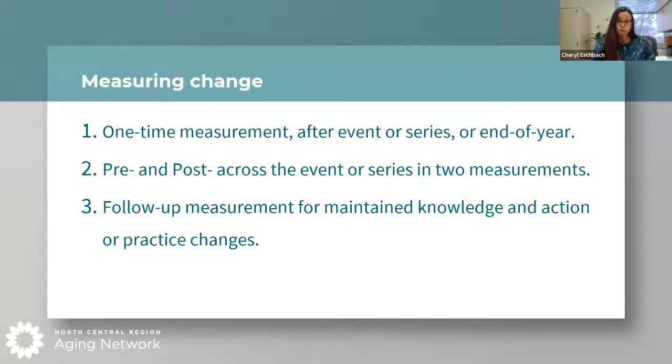This includes 2 measurements taken across an event or a series, and the format can be either traditional or retrospective, and we'll talk about that. And then follow-up measurement, where you want to see if there's been maintained knowledge or action taken or practice change based on information you gave through your programs.